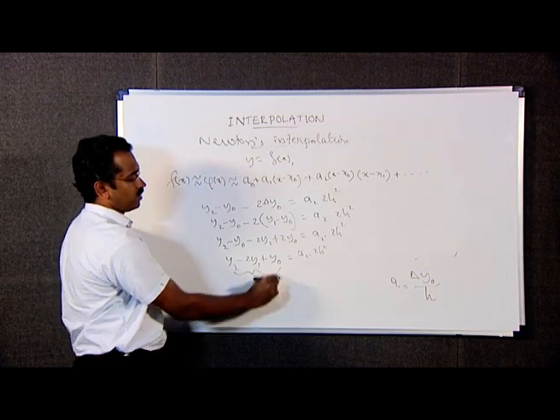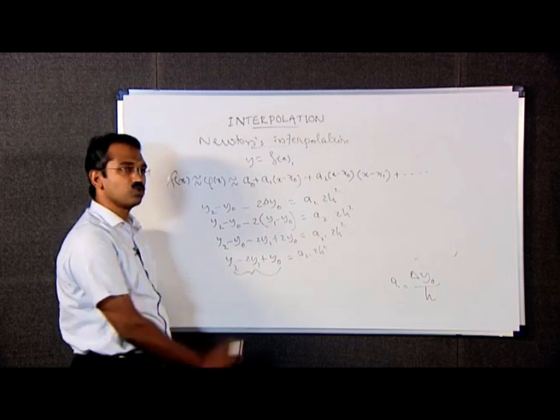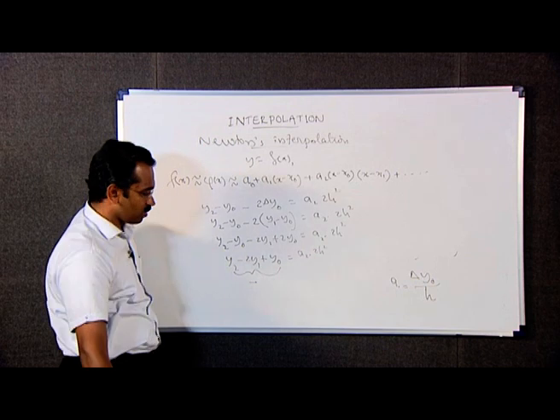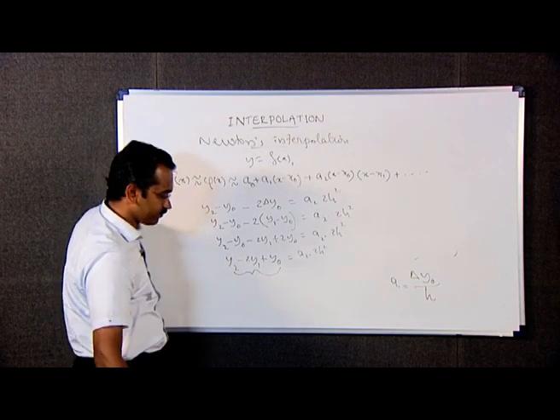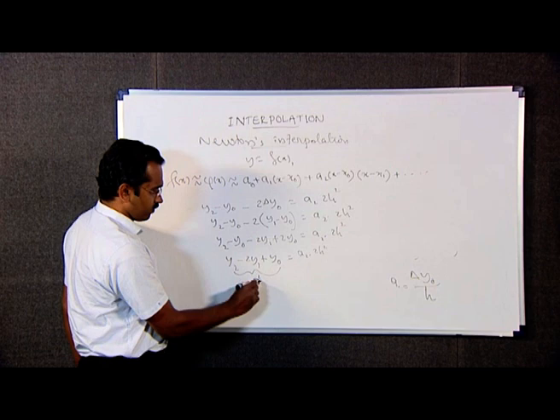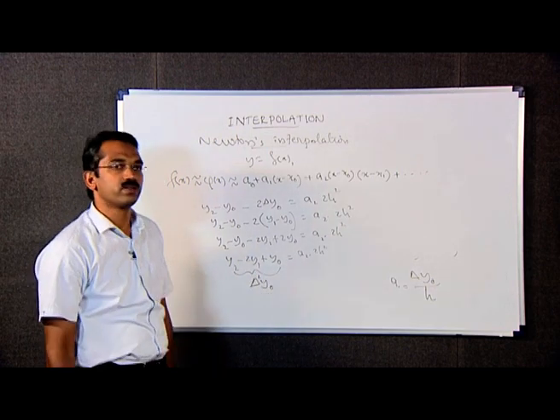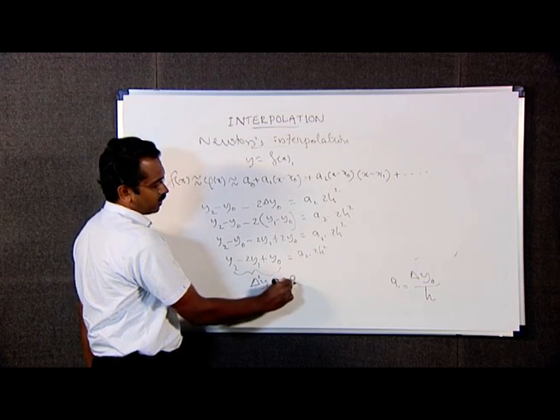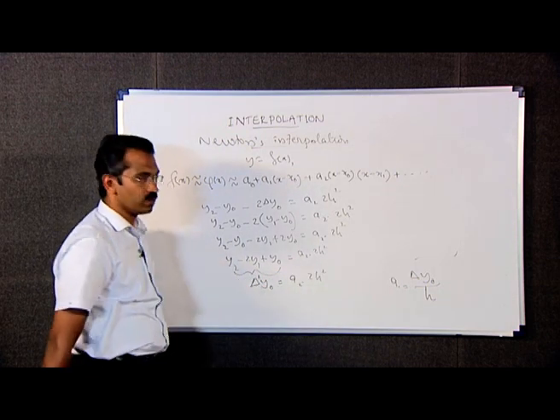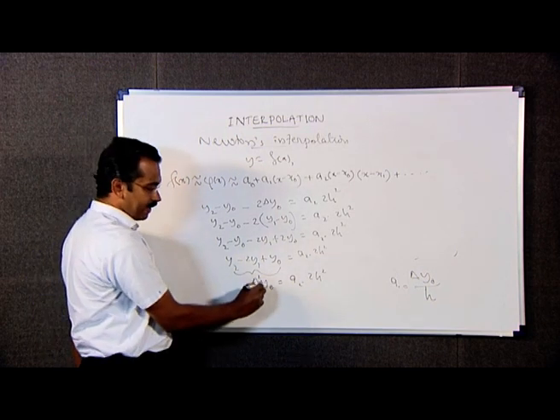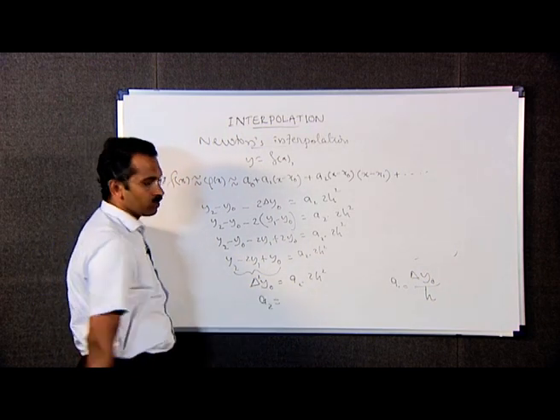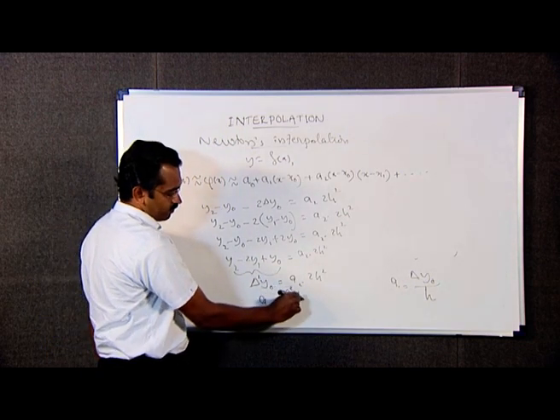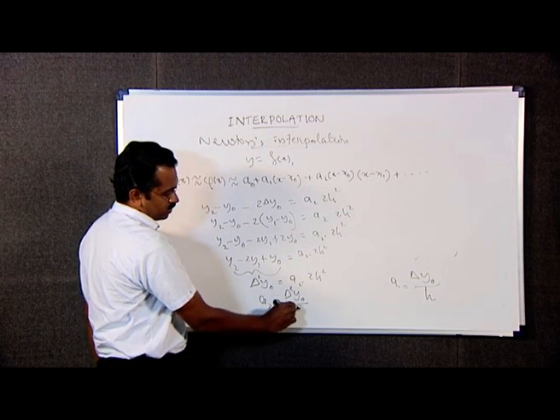This is y2 minus 2 y1 plus y naught, which is delta square y naught, the second forward difference, is equal to a2 into 2h square, which gives a2 is equal to delta square y naught divided by 2h square.